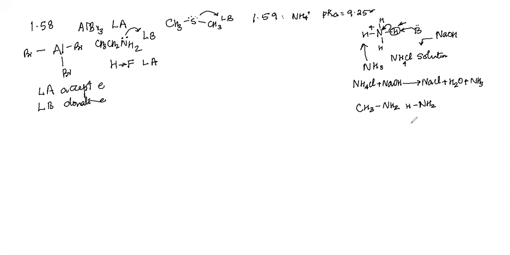See here, this is the difference: from ammonia, you remove one hydrogen and put a CH3. Without looking at the pKa value, just look at this structure. Which will act as a stronger base?